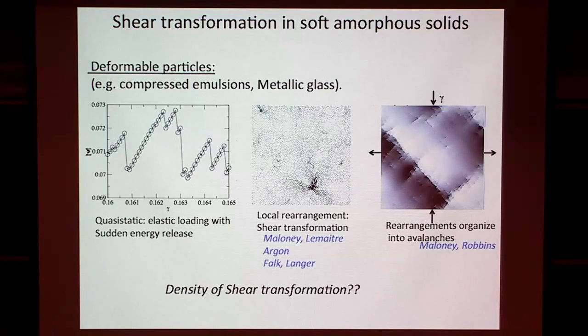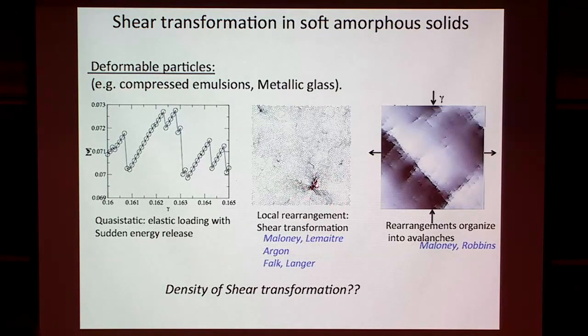Now, the excitations, the soft spots in amorphous solids, have been discussed for a while. They are called shear transformations. So for example, if you look at quasi-static shear and you try to look at what happens right at the beginning of an avalanche, what authors have found is that the beginning of an avalanche starts with a local rearrangement of a few particles, called a shear transformation, if you want.